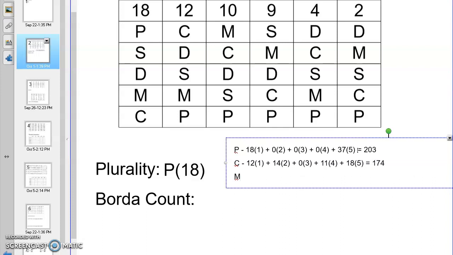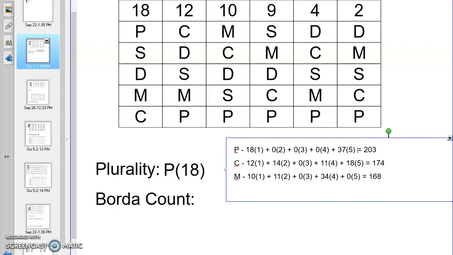For M, which is actually Mountain Dew, it's 10 first place votes, 11 second place votes, 0 third place votes, 34 fourth place votes, and 0 fifth place votes. And our M score would be 168.